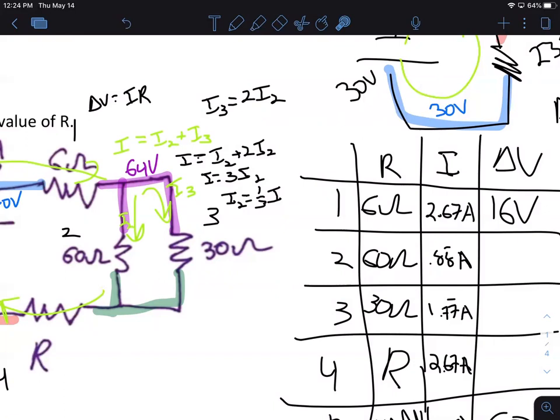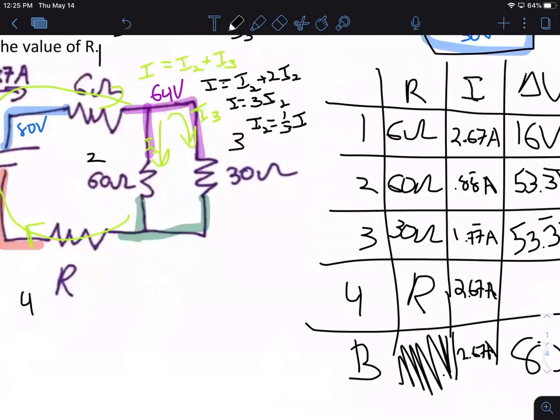Oops. So let's put that into our calculator here. Get 53.3 volts. Double check that by doing 30 times 1.7 repeating. 53.3 repeating, nice. All right. So that's their change in voltage.